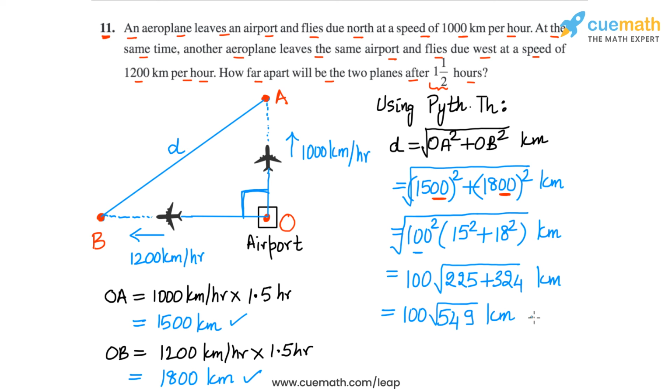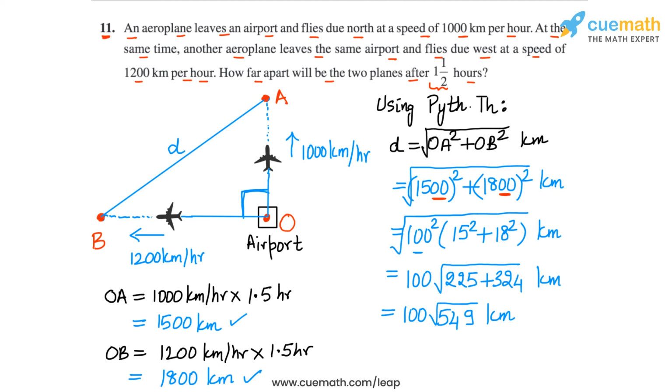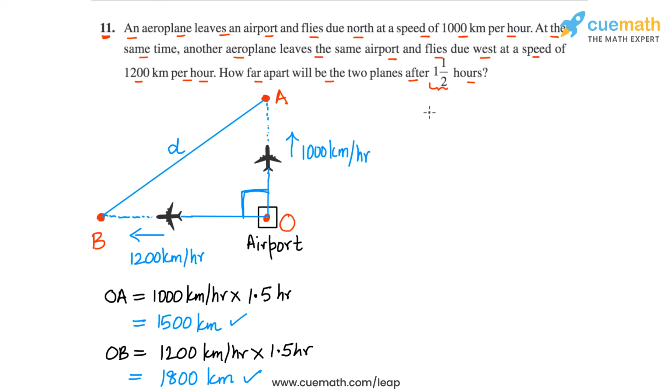Now we have to find the square root of 549. To find the square root of 549, let's prime factorize it. 549 is not even, but if you add up the digits, you can see that it's divisible by 3. So we divide by 3 and that gives us 183. This is still divisible by 3, so we divide by 3 again, and that gives us 61, and 61 is a prime number.